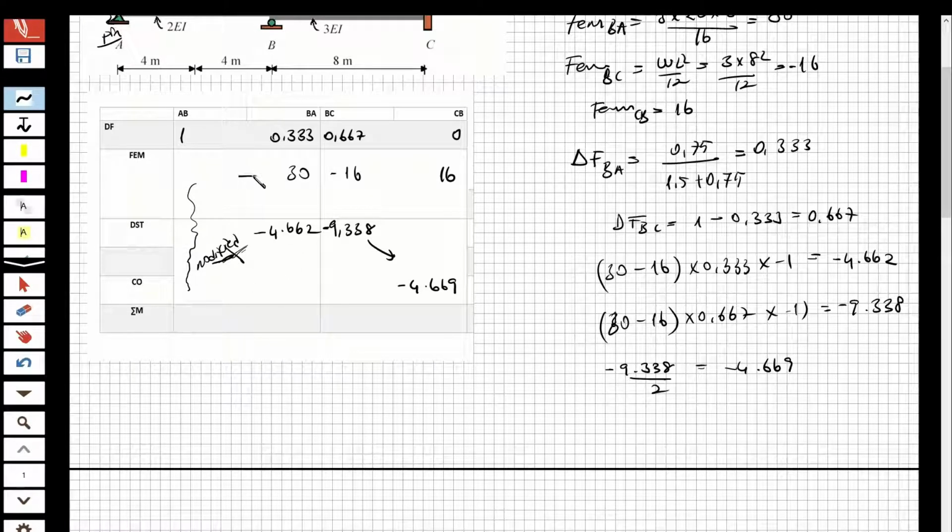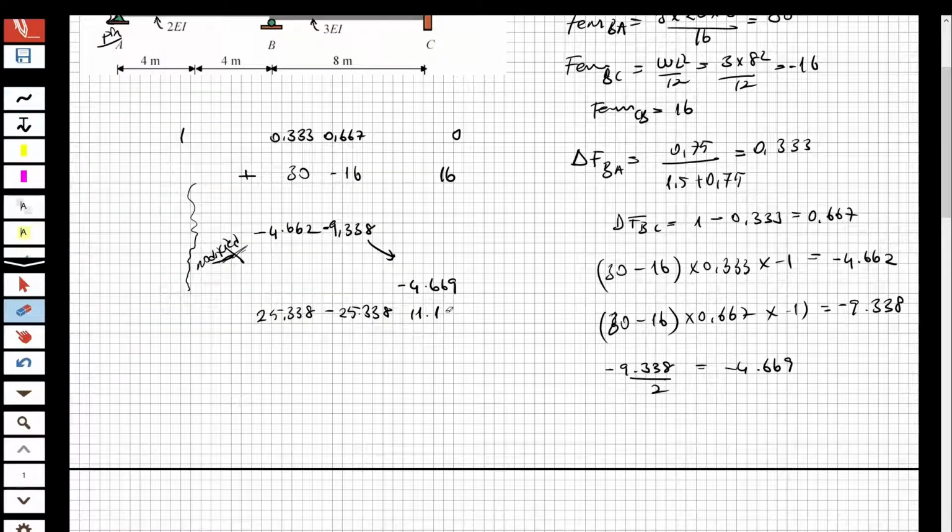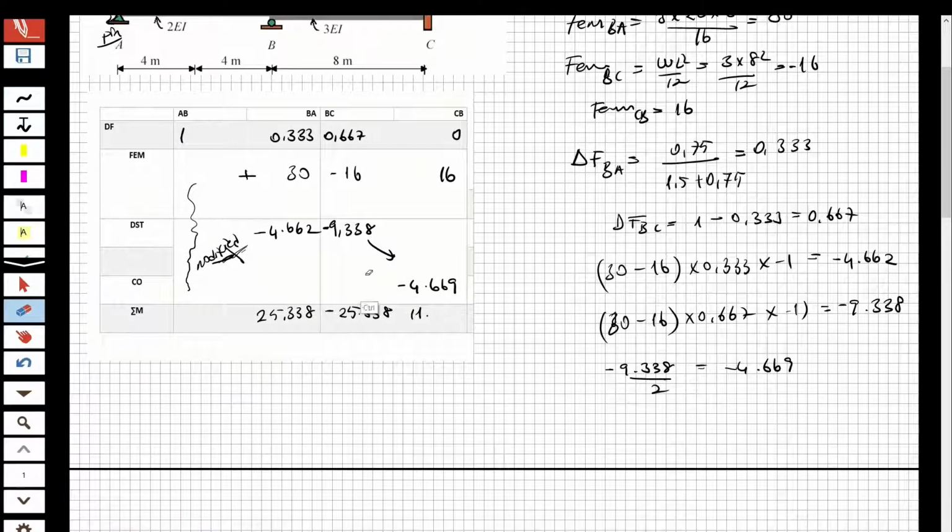So I'm going to take the summation of the moments from the fixed end moment until the last carryover, and this is going to be equal to minus 25.338, and this is going to be 11.133. Sorry, one second. Yes, now it's correct. So now we have the moments.